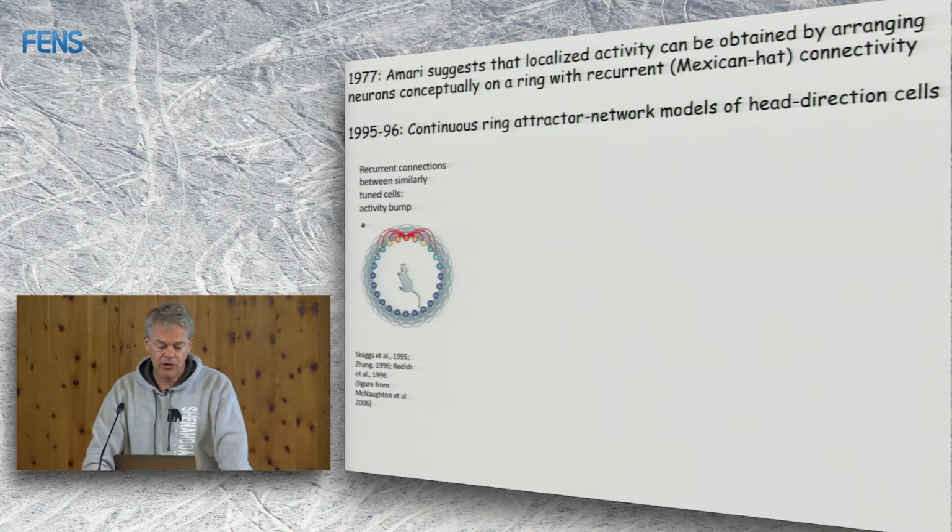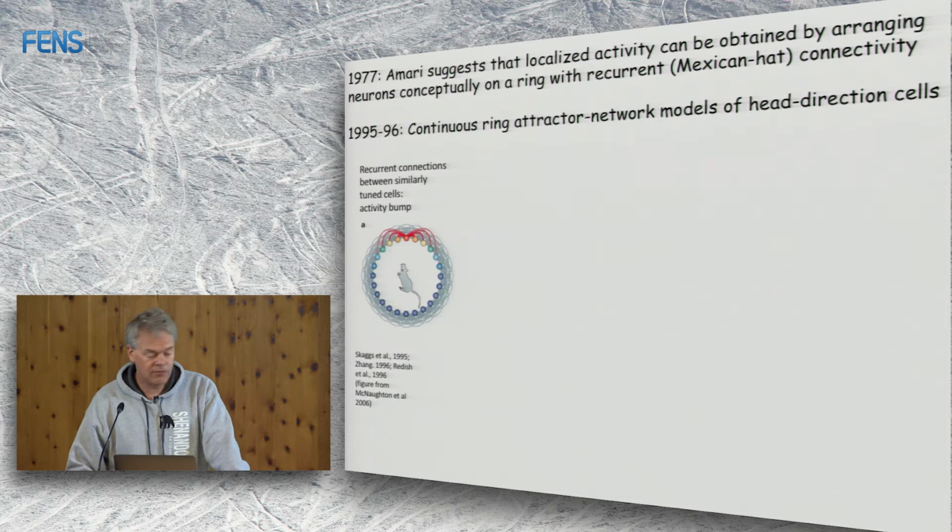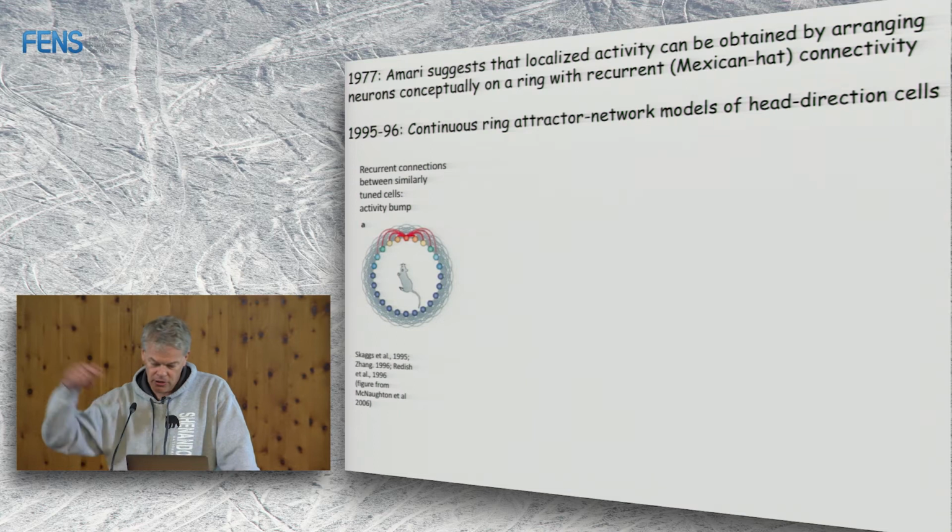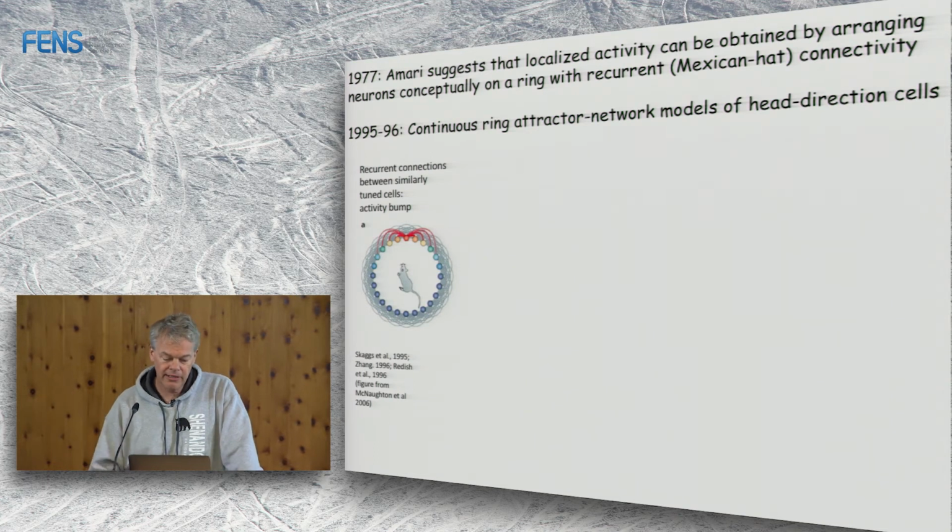But as you heard yesterday, it has been suggested for quite a while that you can get localized activity, localized in any kind of dimension, by arranging cells in a network on a ring. So it's called a ring attractor.